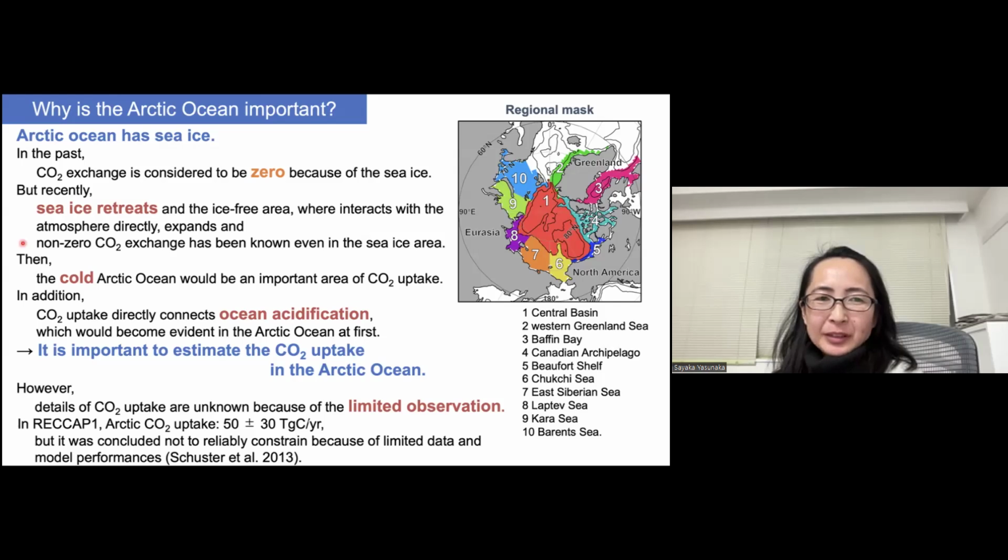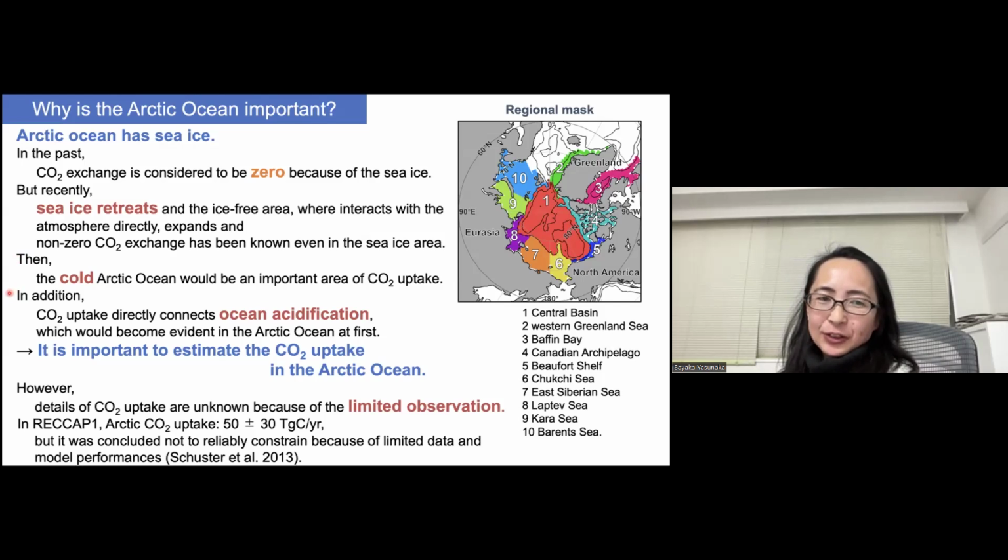And also, some people found that there is some substantial non-zero CO2 exchange even in the sea ice areas. So if so, then the cold Arctic Ocean would be an important area of CO2 uptake.